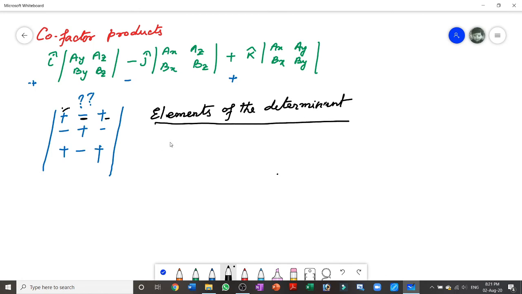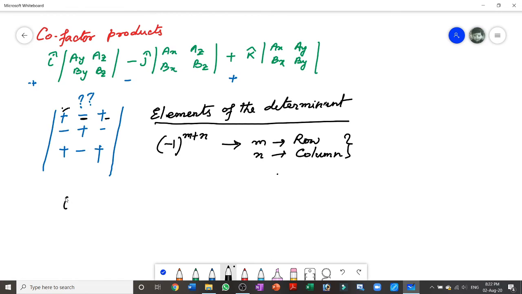And the sign of their place value is given by -1 to the power m plus n, where m gives its position of the row and n gives its position for the column, row and column.